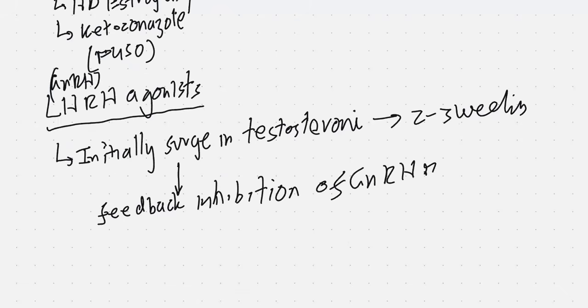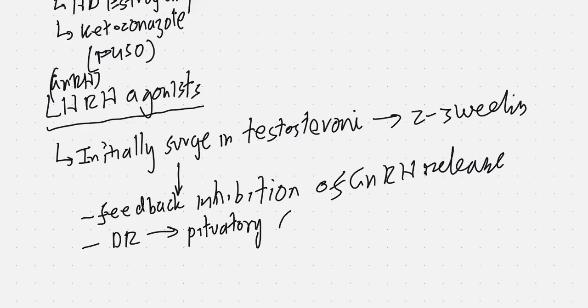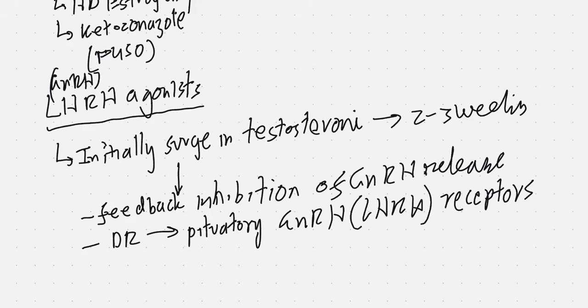And not only that, there is a downregulation of pituitary GnRH, more specifically LHRH receptors. So, although there is an initial surge in the levels of testosterone, in 2 to 3 weeks there is feedback inhibition of GnRH release from the hypothalamus and downregulation of the pituitary GnRH receptors. Right.